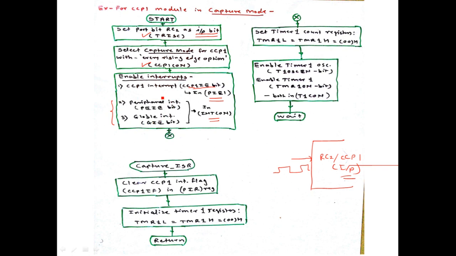Last time we discussed in detail that the interrupt control register contains these 2 bits, and the interrupt enable bits and flag bits for all the peripheral interrupts are available in the peripheral interrupt enable registers and peripheral interrupt registers. Therefore, to enable the CCP1 interrupt, you have to set the CCP1 interrupt enable bit in this register, and then set this bit as well as this bit in the interrupt control register.